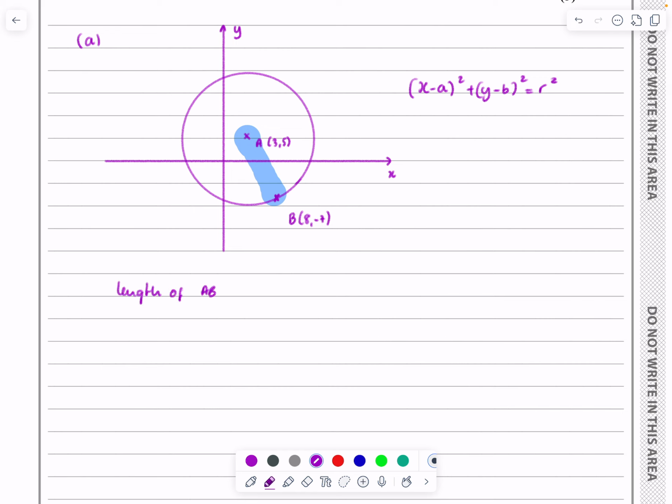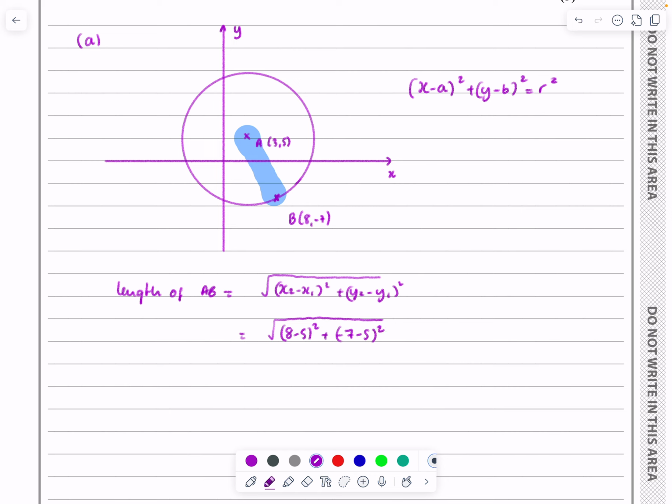So the length of AB is just simply equal to the square root of (x2 - x1)² + (y2 - y1)². So if we sub everything into that, we're going to be doing the square root of, so the x's is (8 - 3)², and the y's is (-7 - 5)².